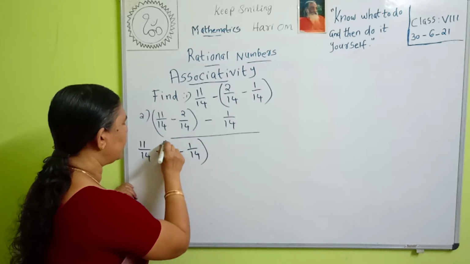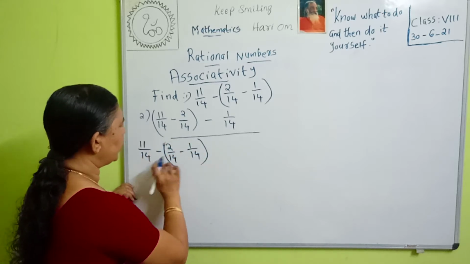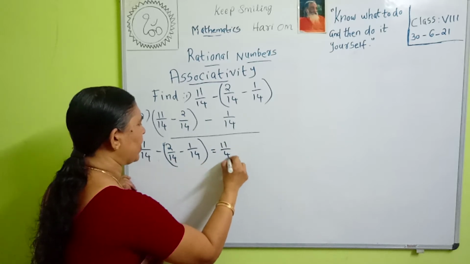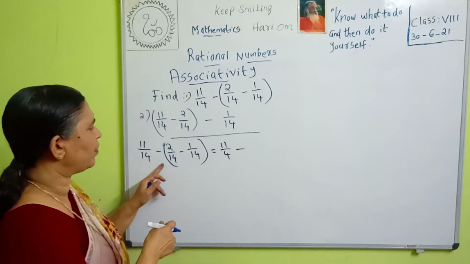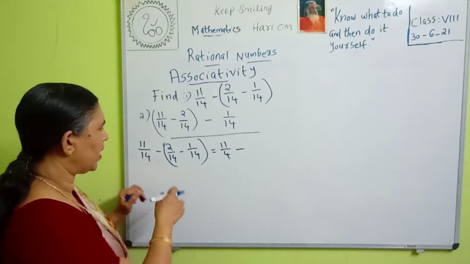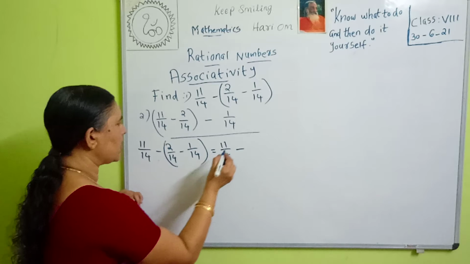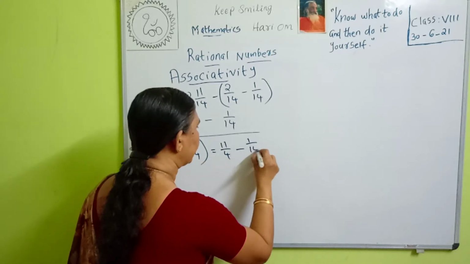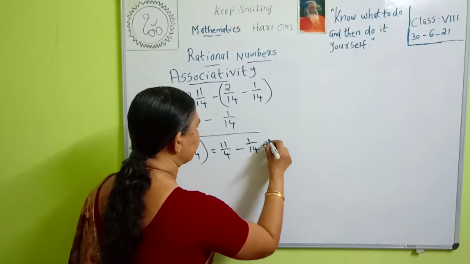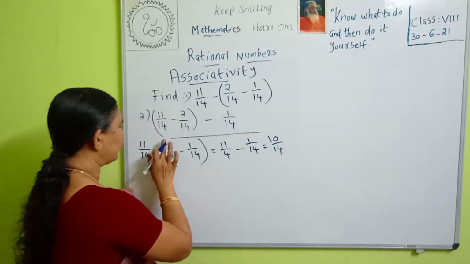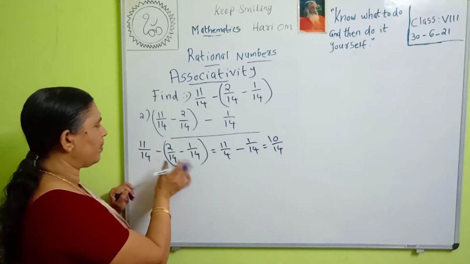Then first we do the subtraction in the bracket. What is 2/14 minus 1/14? Here the denominator is common, so 2 minus 1 by 14. That is 1/14. That is 11 minus 1 is 10.